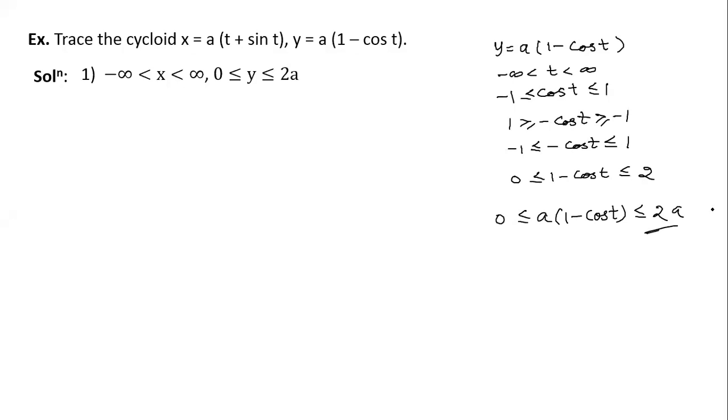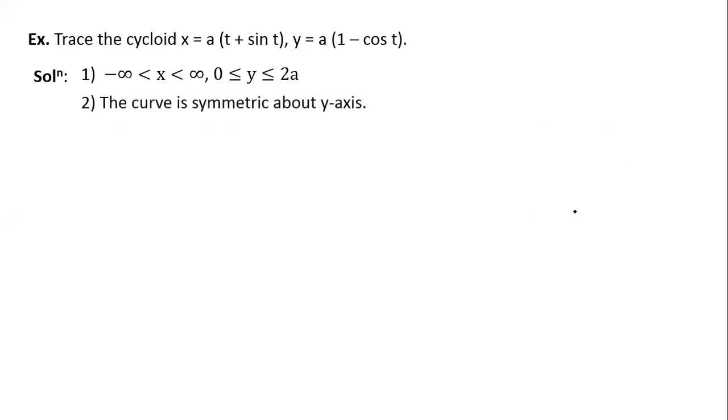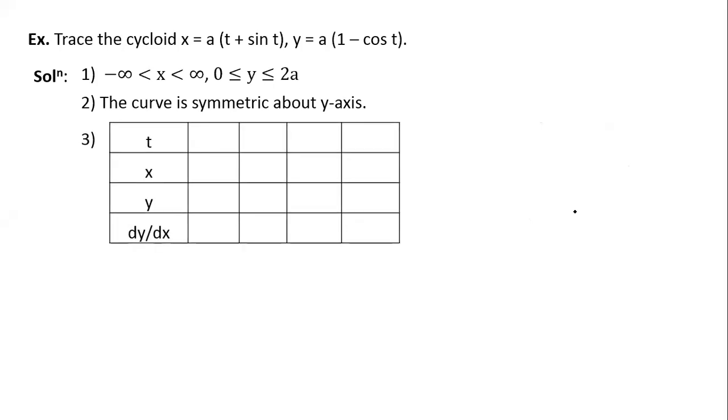So here also the same thing is going to happen. Again, on replacing t by minus t, the x equation changes in sign and the y equation remains unchanged. So the curve is symmetric about the y-axis. Here, quickly let us take t as 0, pi, 2 pi, 3 pi. Then x will be equal to a times (t plus sin t), so this will be 0.